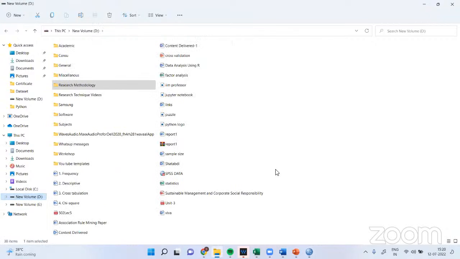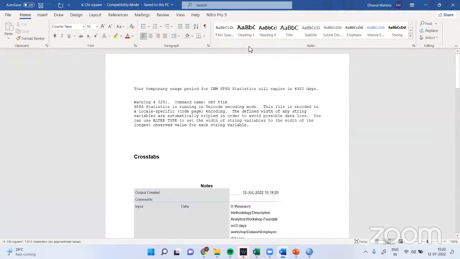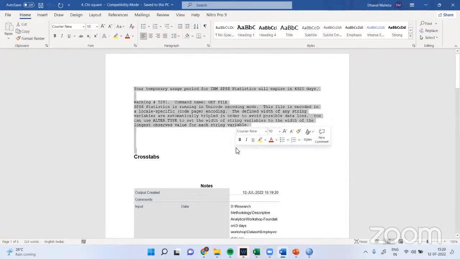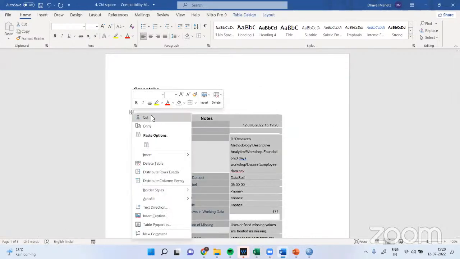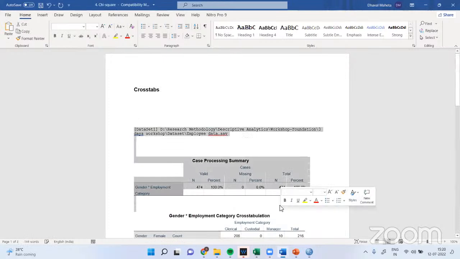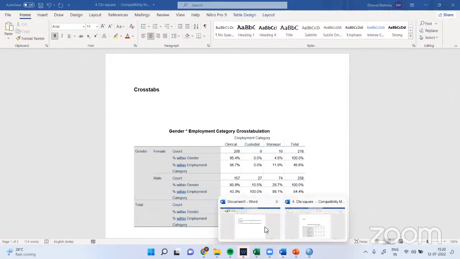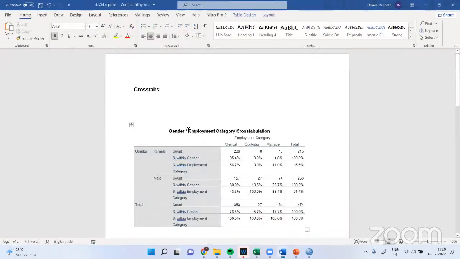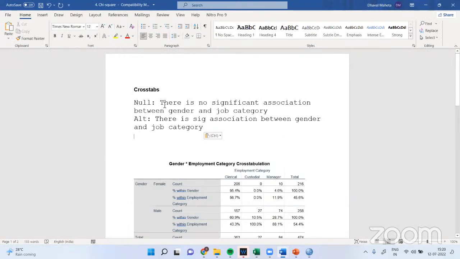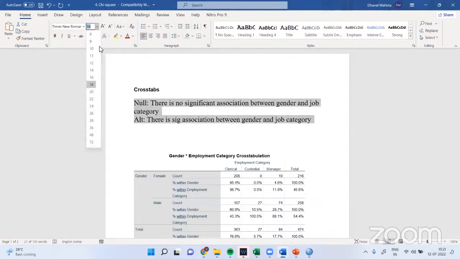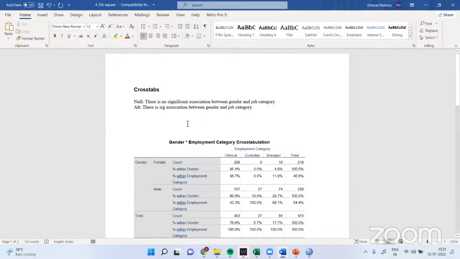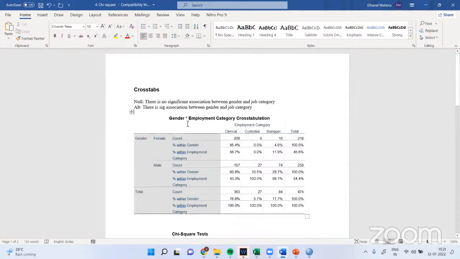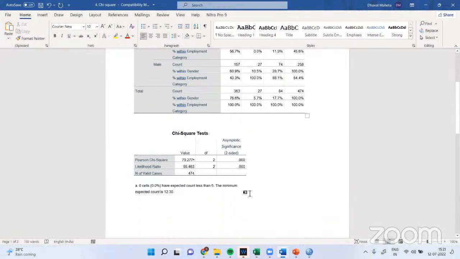Now go in crosstabs, chi-square. First of all, we'll start cleaning this. Clean this, done. Clean this also, done. Now copy the null and alternative hypothesis here. If you want, you can write it down. Now directly go to the test.